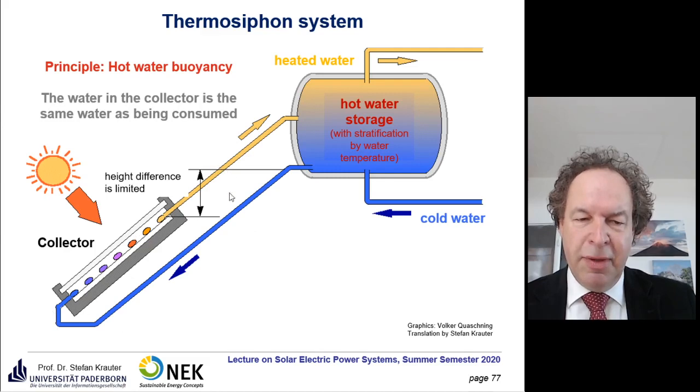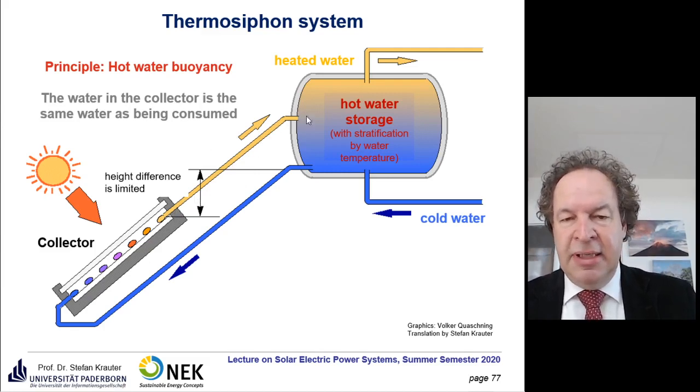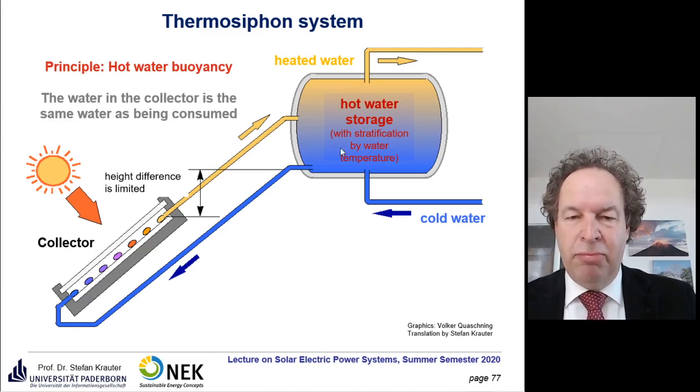You see a lot of projects like this because people don't care about this, and they installed a thermal collector, but they didn't consider the limited height and the necessity to install a straight pipe here. And then it won't work. And at the end you have a hot water tank. Yes, it's both a hot and cold water tank actually.